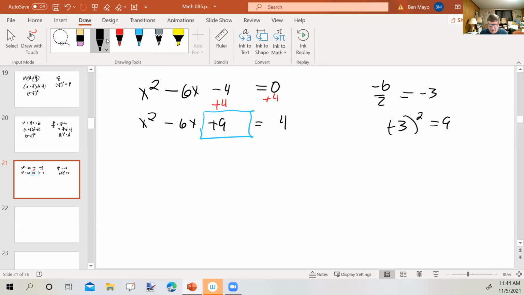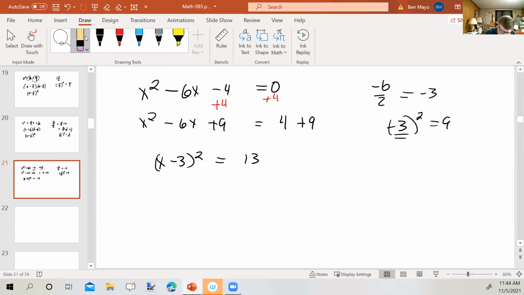But because it's an equation, I also have to add 9 to the right side of the equation. Now on the left side, I have x minus 3, the quantity squared, and on the right side, 13. Something to help me remember what goes here, it's going to be x and then whatever's in here, so minus 3. Okay, now let's get rid of that.